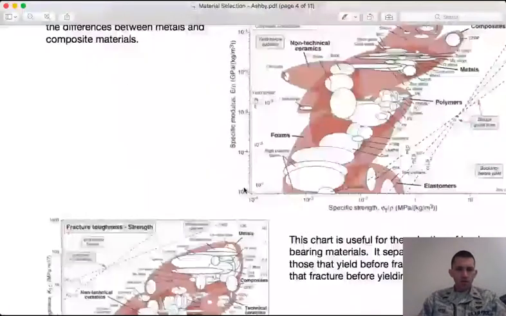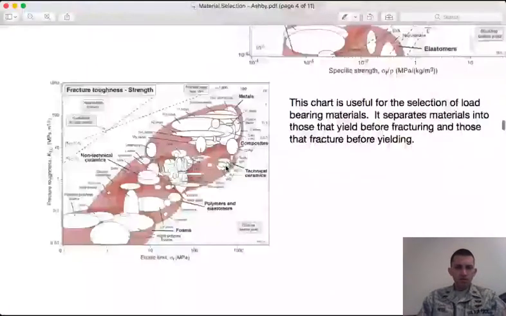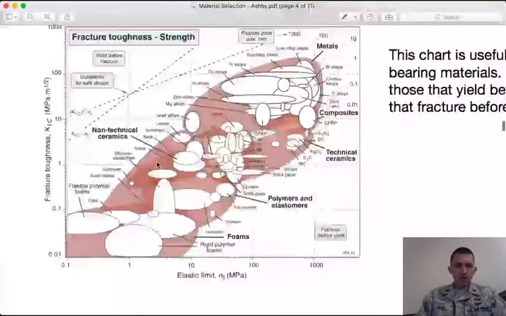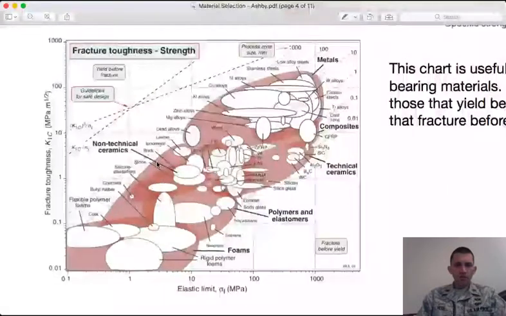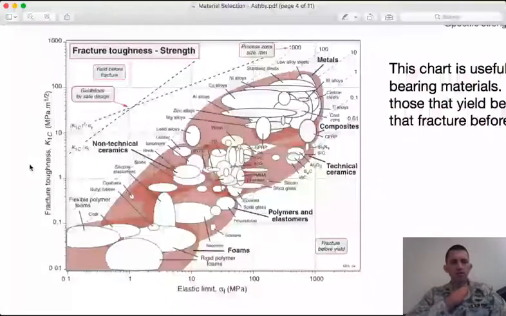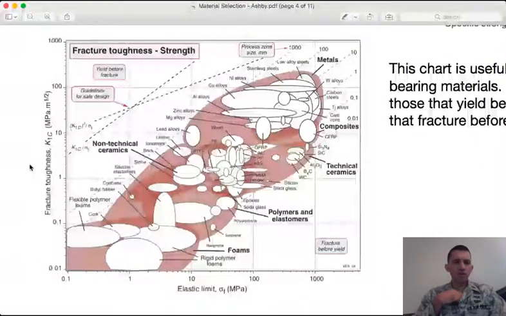You can also plot, along the lines of the mechanical properties here, getting a bit away from strictly tensile test stress-strain curve data. Here we have fracture toughness versus elastic limit, and this really combines the properties that are related to fracture.